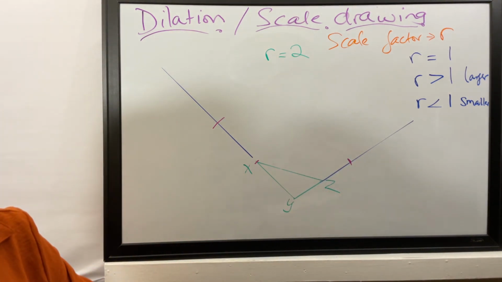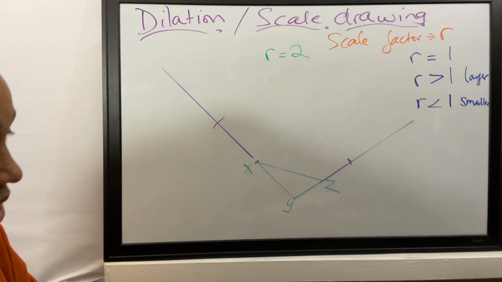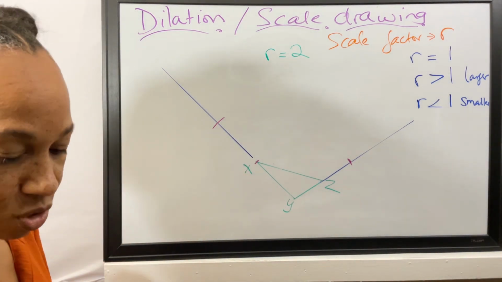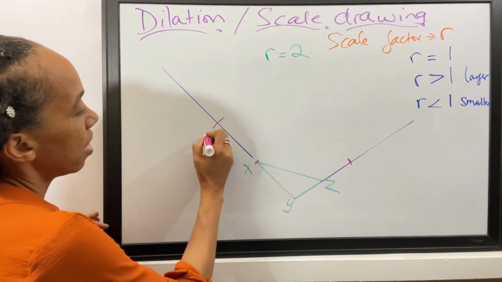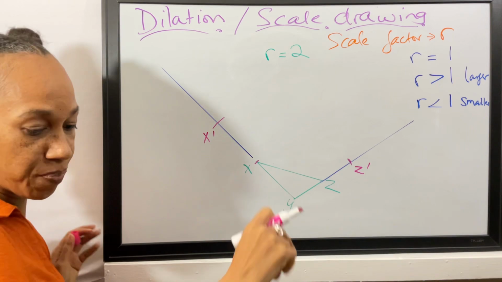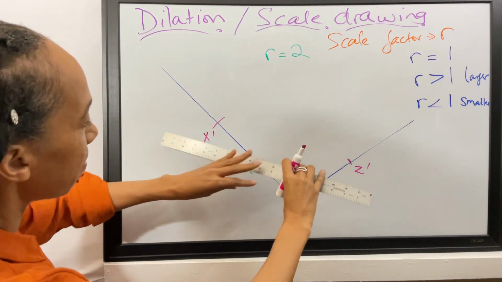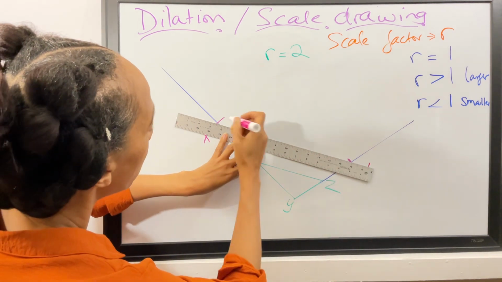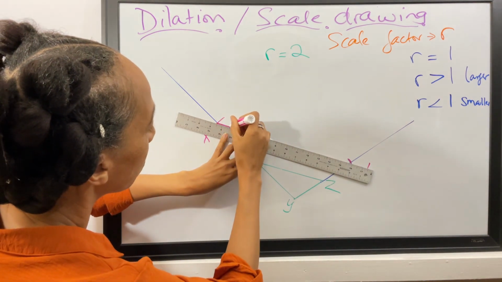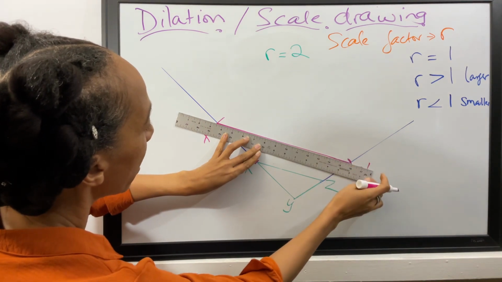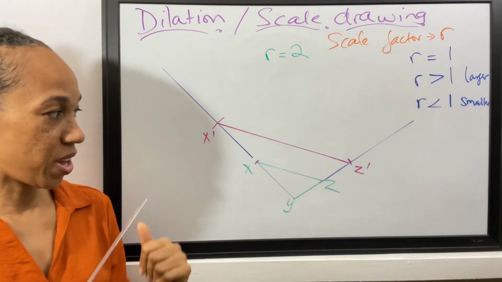Actually, not going to measure. I'm going to label. So this is now going to be my X prime and my Z prime, because this is Y. And then I'm simply going to connect my points. Okay, that is your figure.